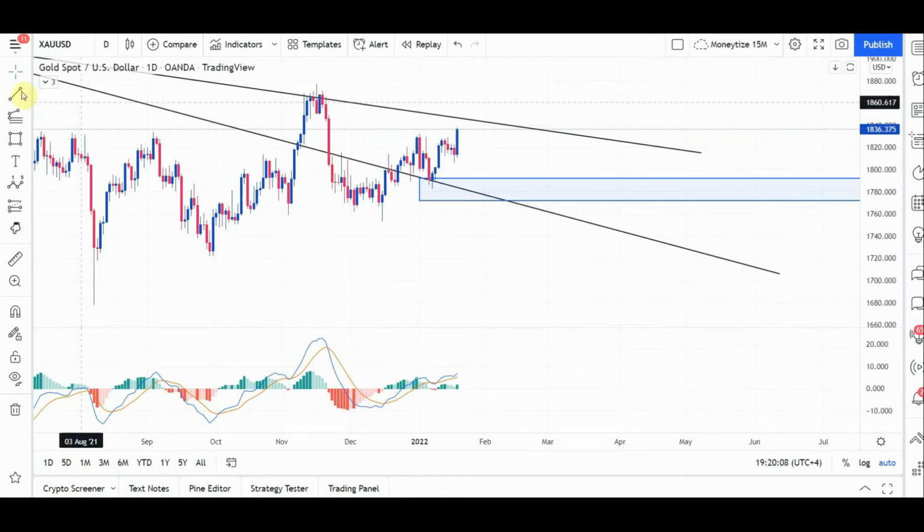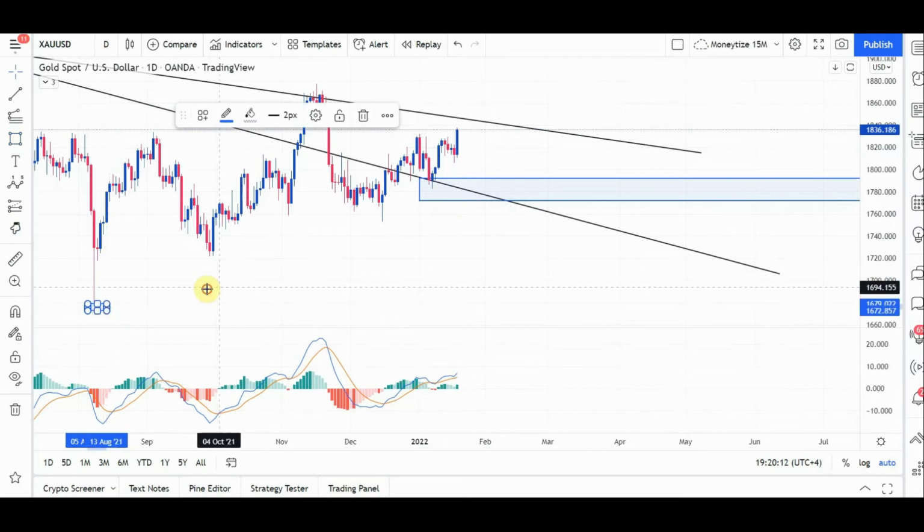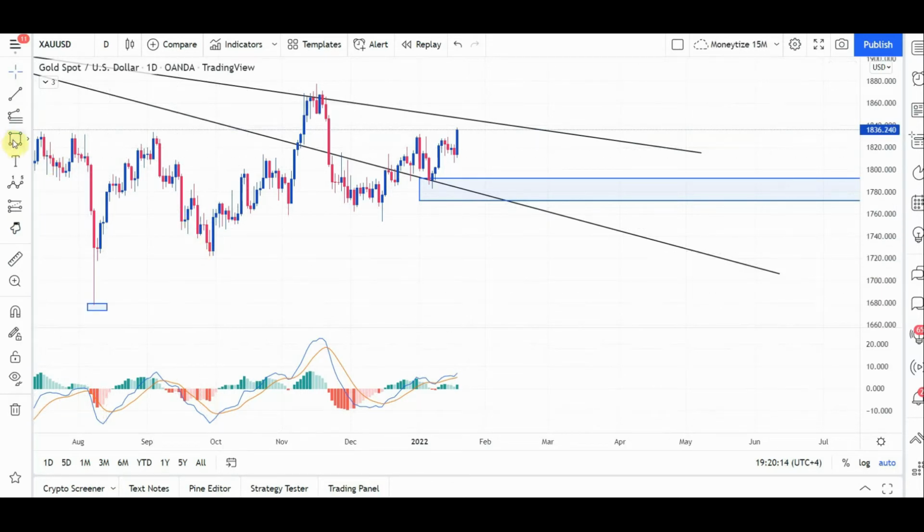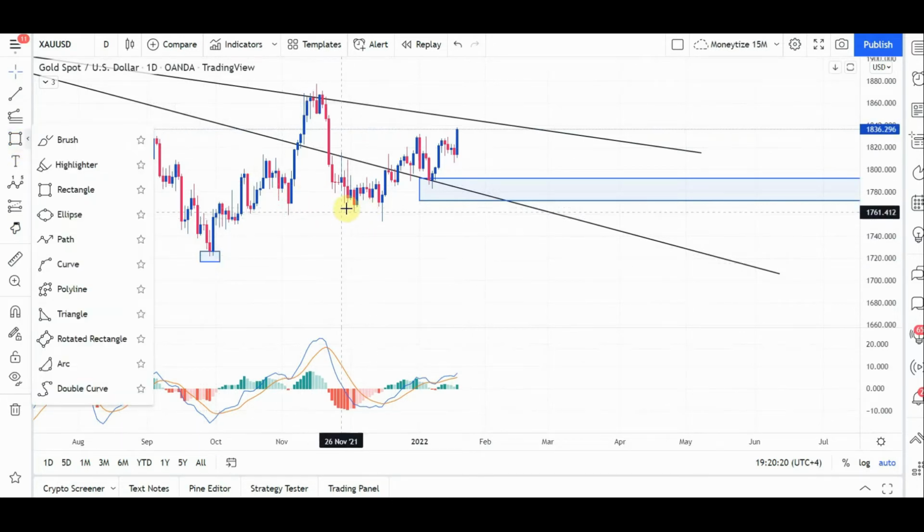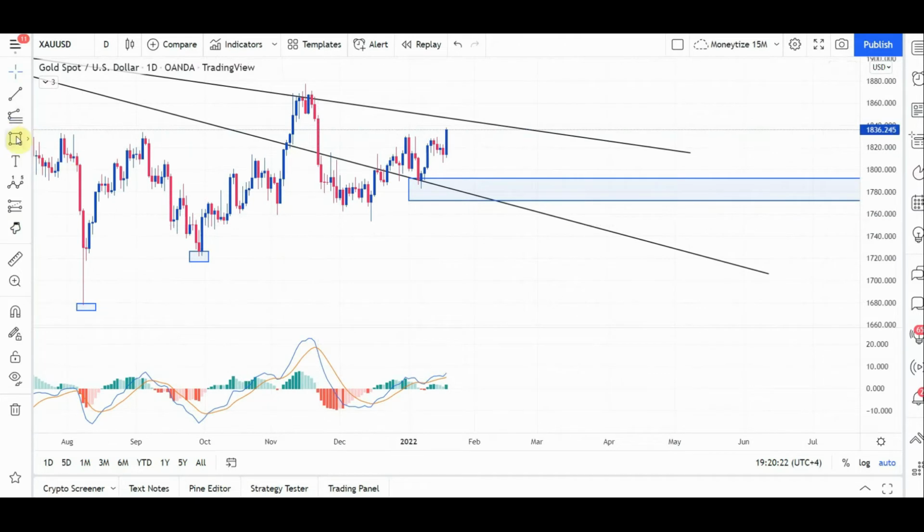But it's continuously making higher lows, higher lows, and higher lows.